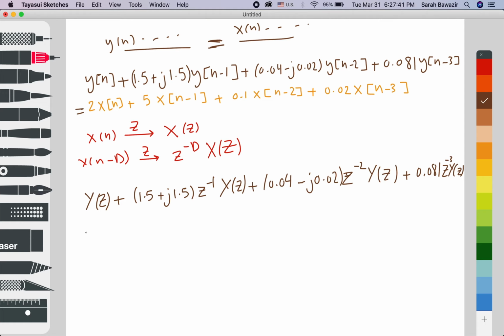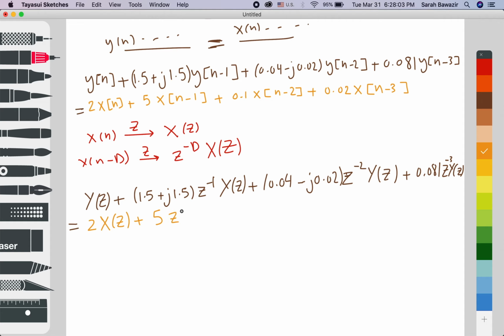Okay, and it is equal to, now we take the z transform of the right hand side, 2 X of z plus 5. What is the z transform of the delayed x of n?